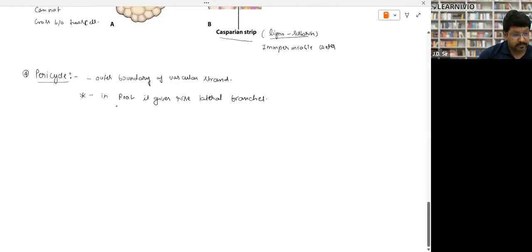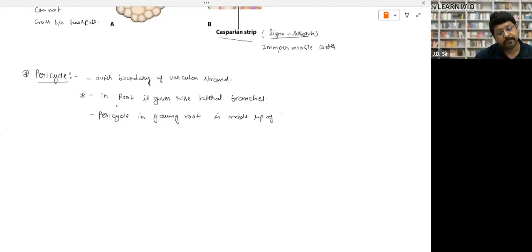The pericycle in young root is made up of thin walled cells, right?